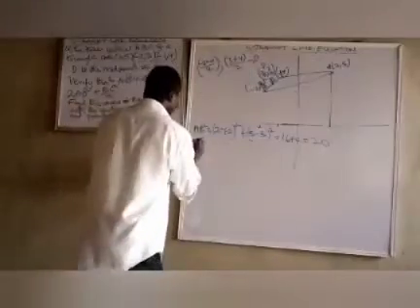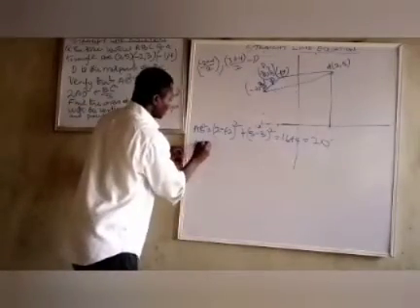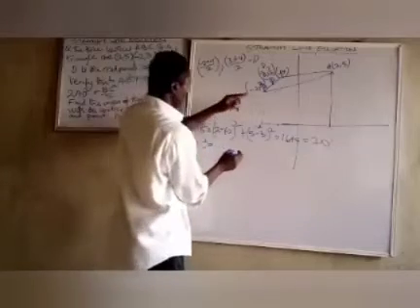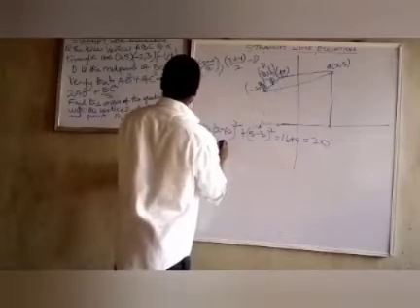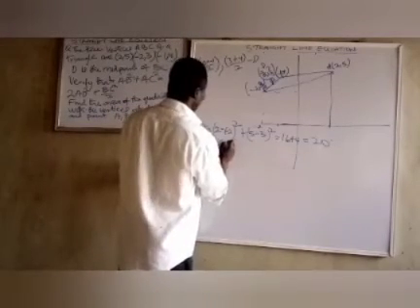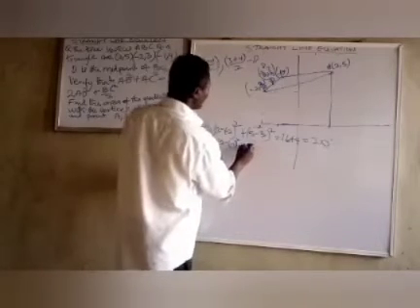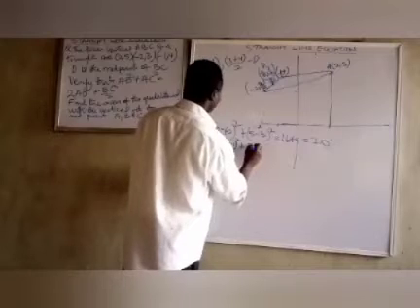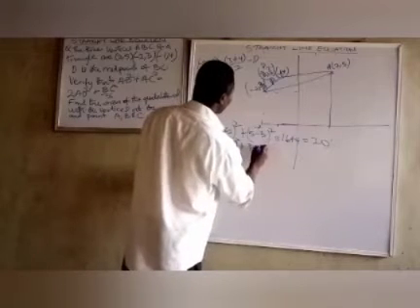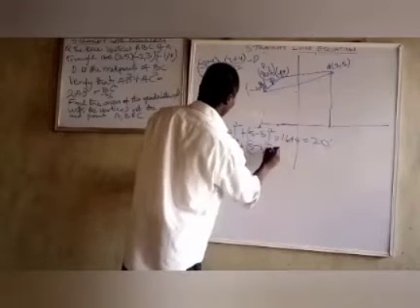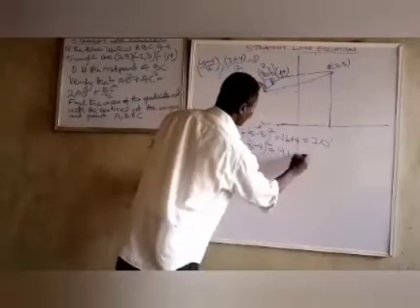Let's find AC squared. AC squared will give 2 minus minus 1 all squared plus 5 minus 4 all squared. That is 9 plus 1. That's 10.